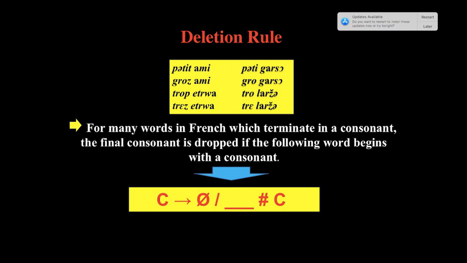So as a phonological rule notation, we say for many words in French which terminate in a consonant, the final consonant is dropped if the following word begins with a consonant. To change this into phonological rule notation, we write consonant becomes nothing if it is word final and followed by another word that starts with a consonant.